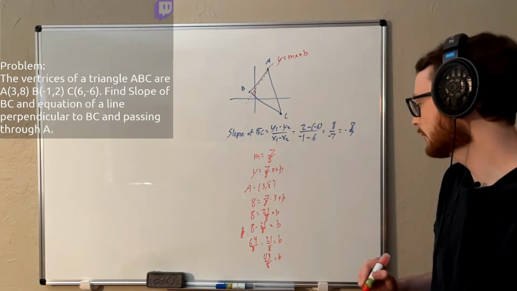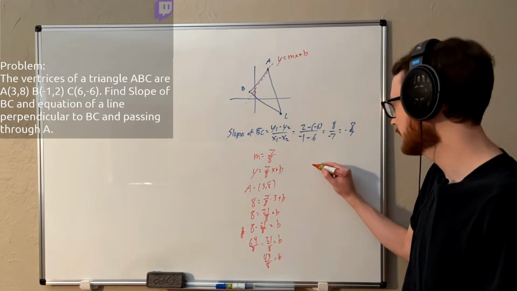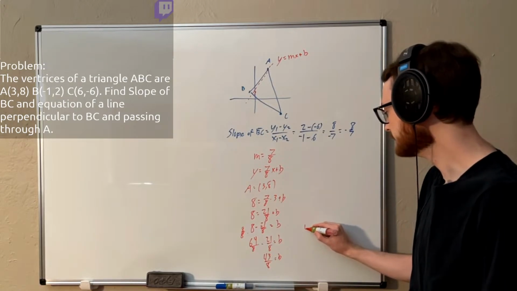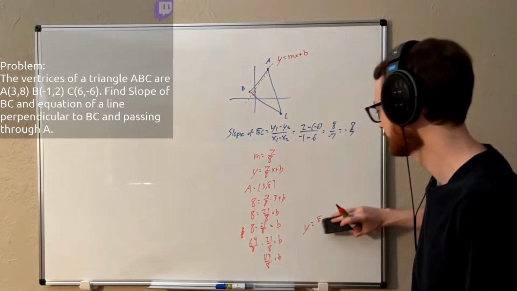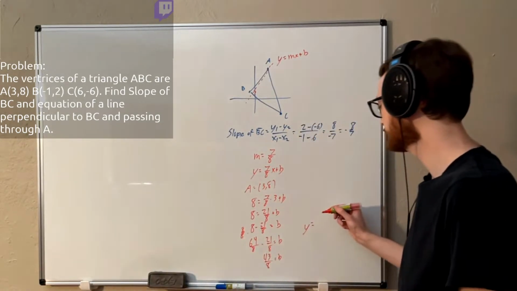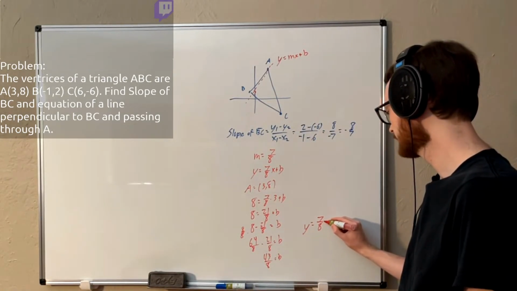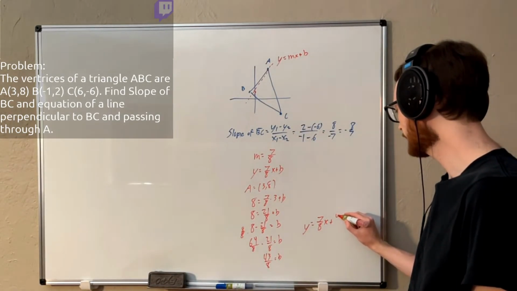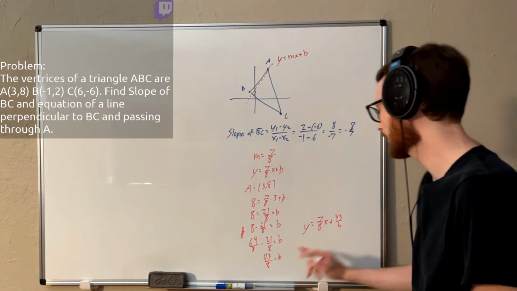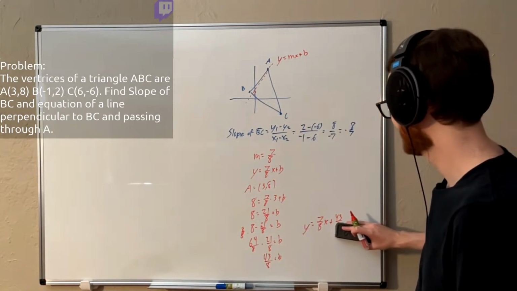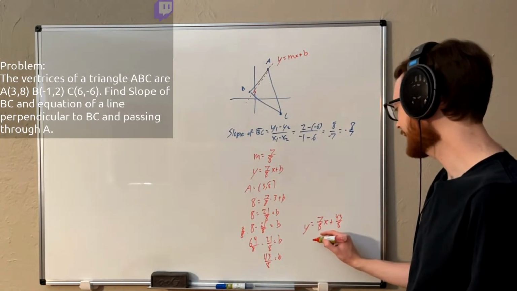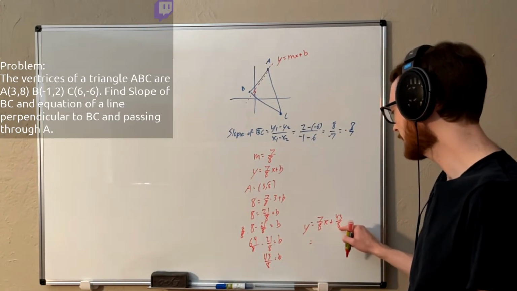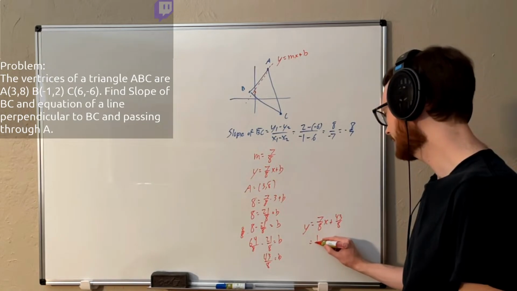Okay, so you know what b is now? y equals 7/8 x plus 43/8. Sometimes they also want you to factor the denominator out if it's the same.